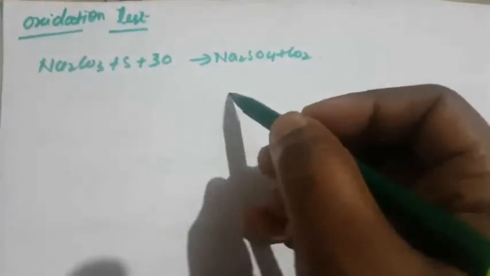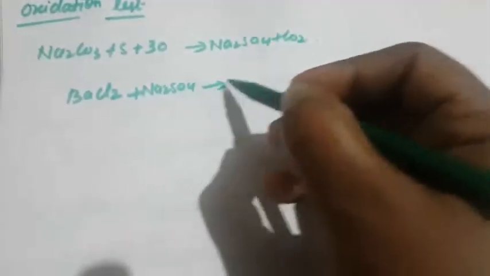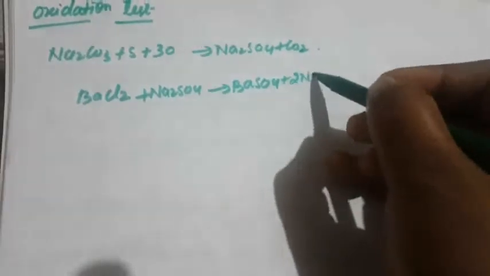The sodium sulfate reacts with barium chloride, forming a white precipitate: BaCl2 plus Na2SO4 gives barium sulfate plus NaCl.